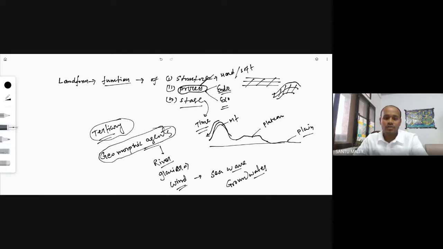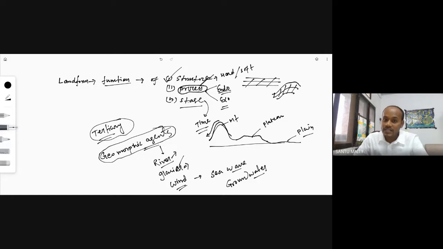So geomorphic agents are operating on the earth surface, and depending on the structure of the rocks and depending on a certain kind of process, a river will erode in a particular process which will be different or maybe similar to the glacier. I will explain it in detail in a later part.